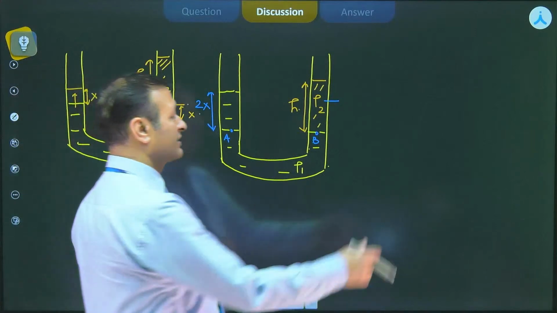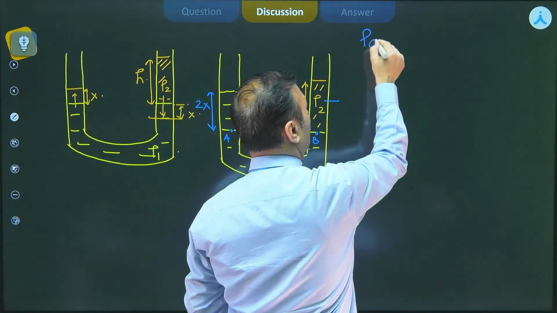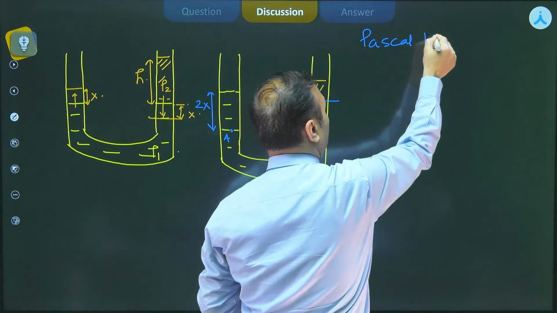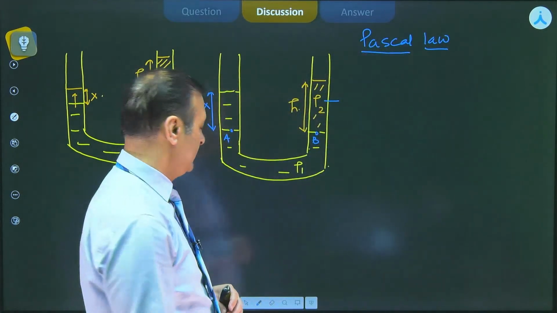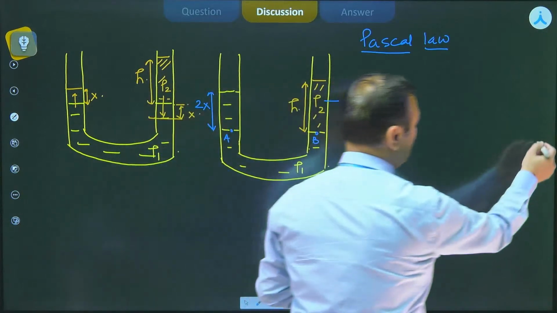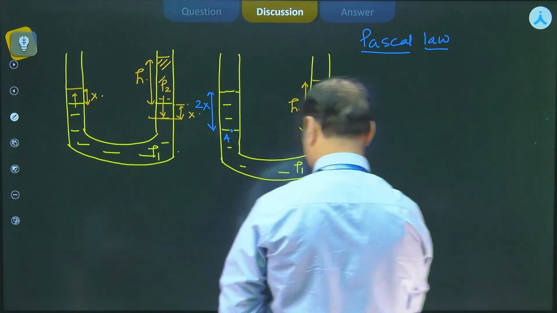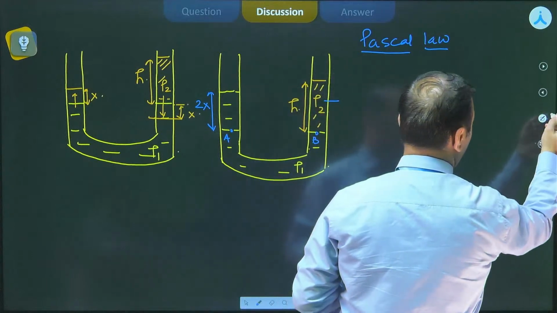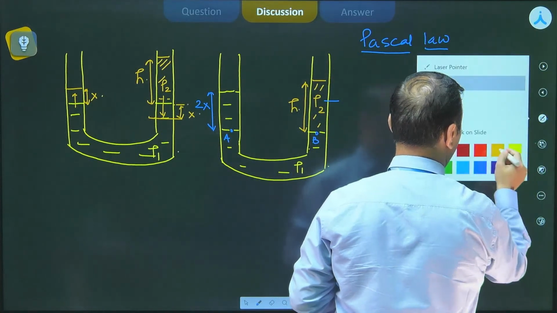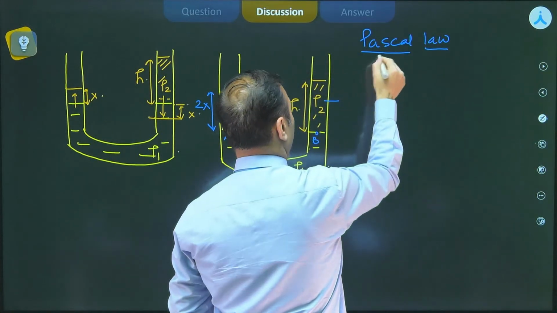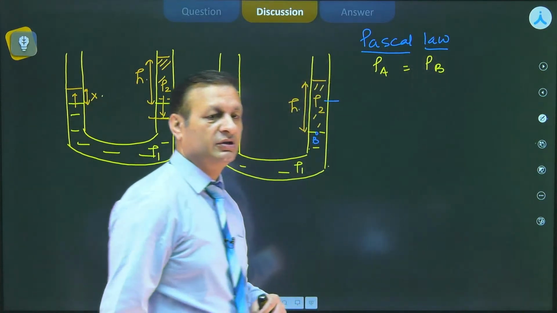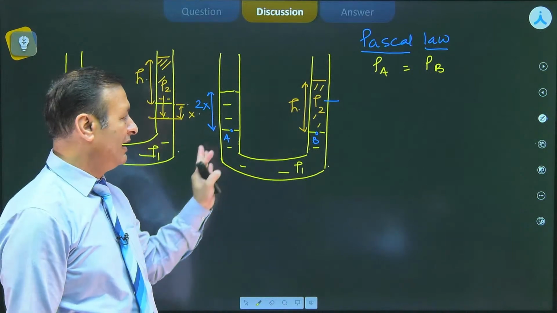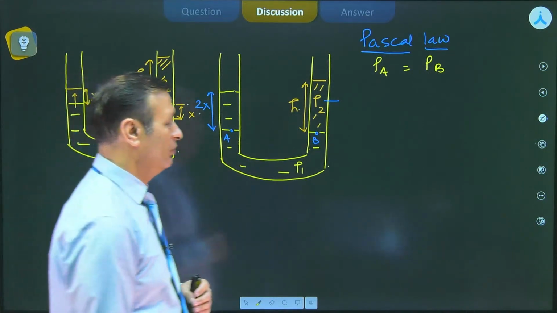As per your Pascal law, when this is settled, Pascal law clearly says pressure at point A is equal to pressure at point B, because both the points are in the same liquid at the same level.